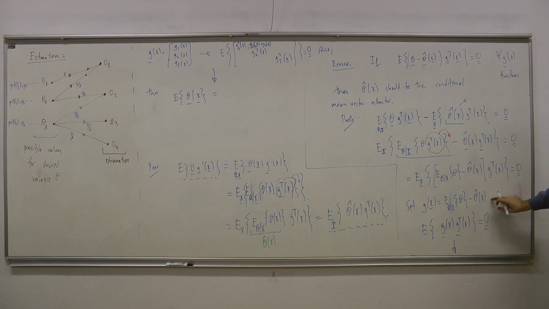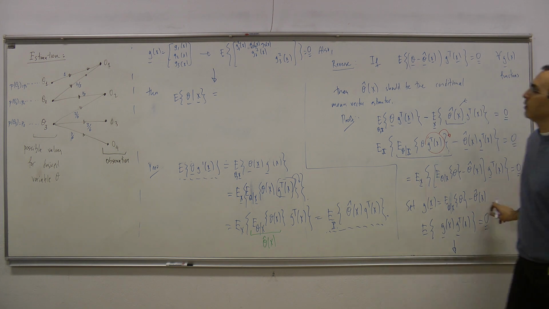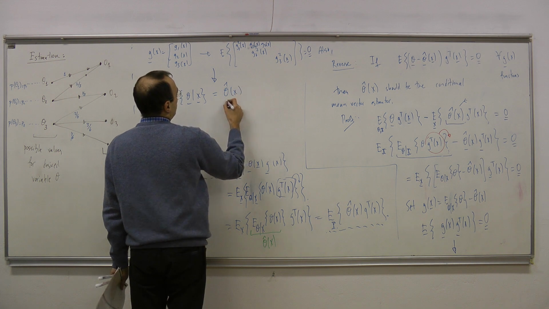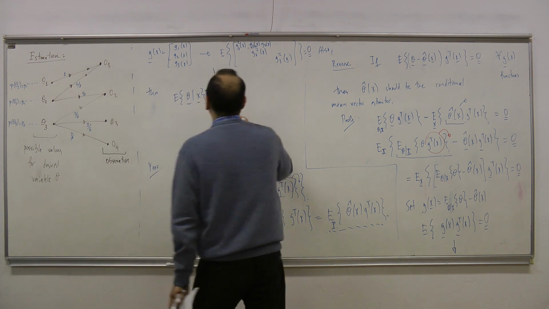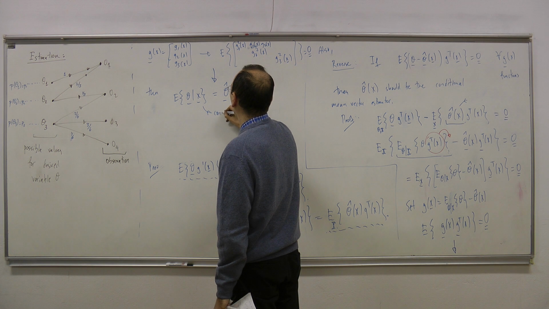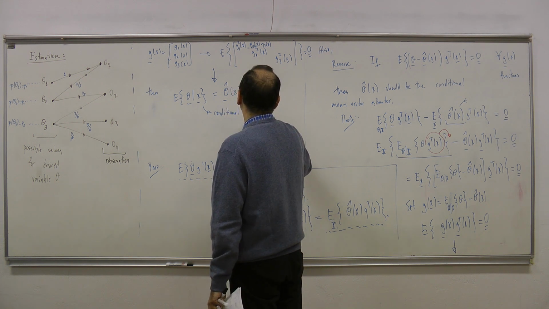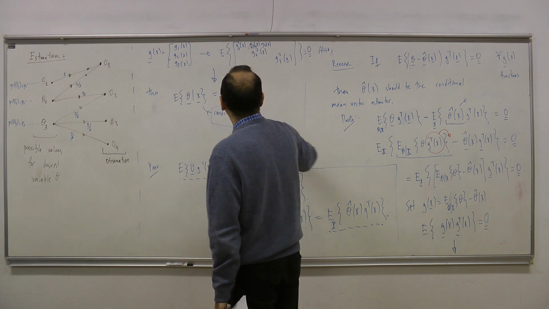Then this vector should be equal to the 0 vector. Then this is equal to theta hat of x. So this is the conditional mean vector.